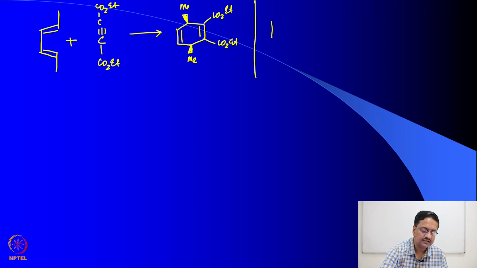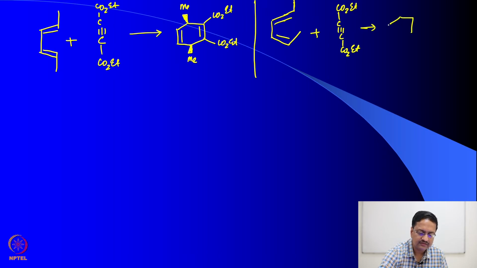If you do the reaction with the butadiene where the methyl groups, one is outward and the other one is inward, which means here it is trans and there it is cis, and you treat it with the same dienophile, the product that you would get is a trans compound with respect to the methyl groups.